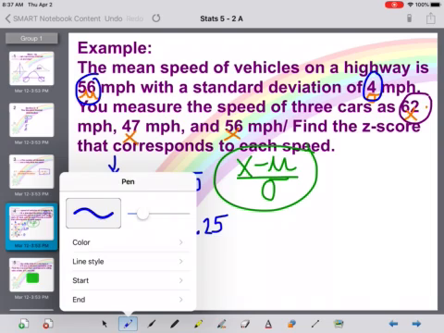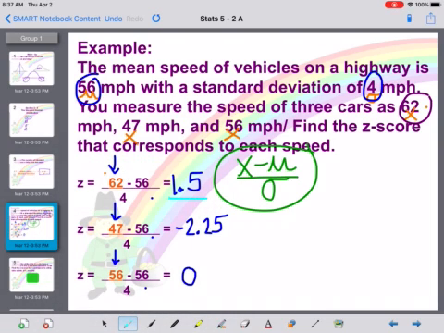Now, your first z-score, if you notice, is a positive number. Your second z-score is a negative number, and your last one is 0. So you're going to get different types of numbers depending on what kind of x value you were given. Your basic math skills should tell you that the first one is positive because 62 was bigger than 56.